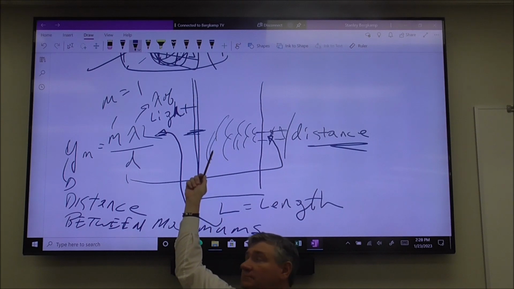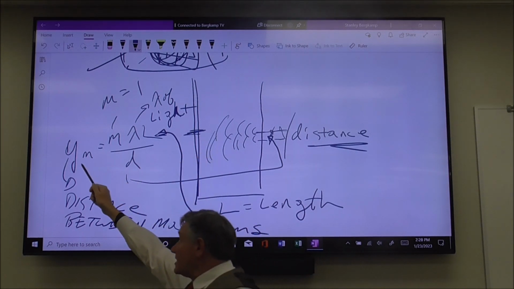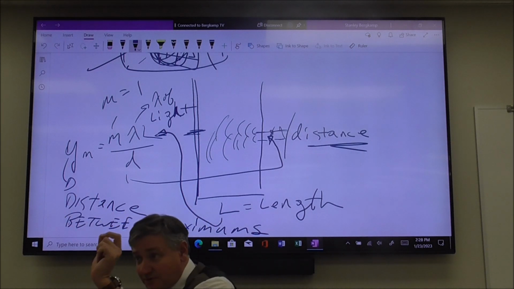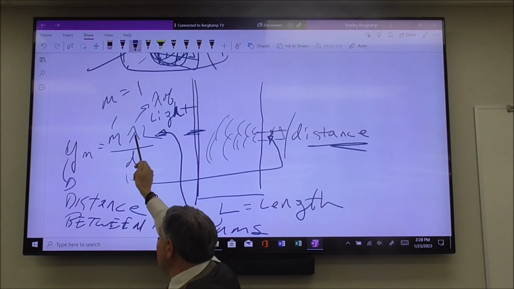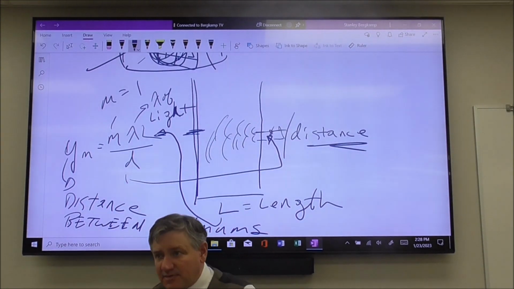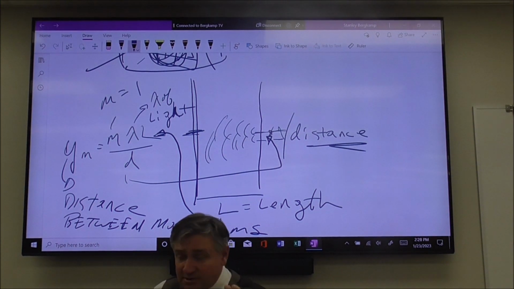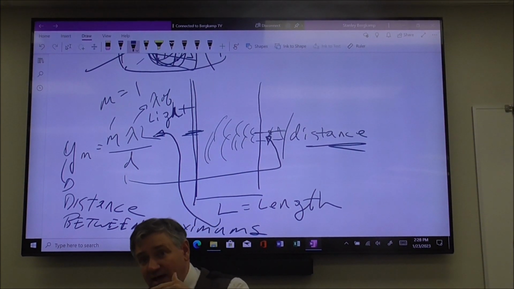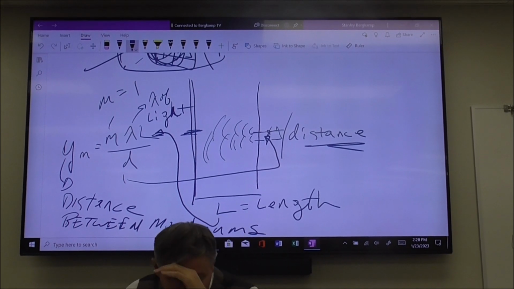I can look at the spectrum, and I can measure how far apart those little fringes were. So the only thing I don't know is the wavelength of the light. This is a cool way to measure the wavelength of light without trying to directly measure it. How do we know that?